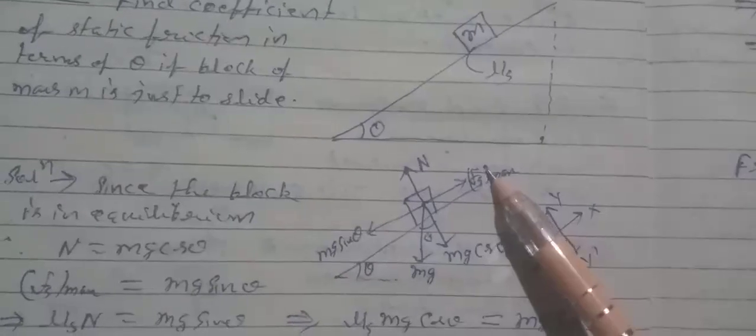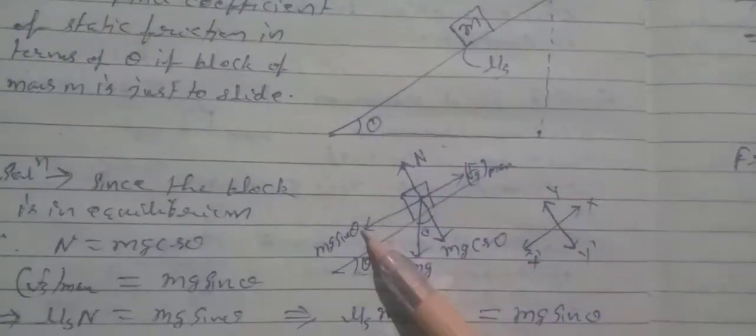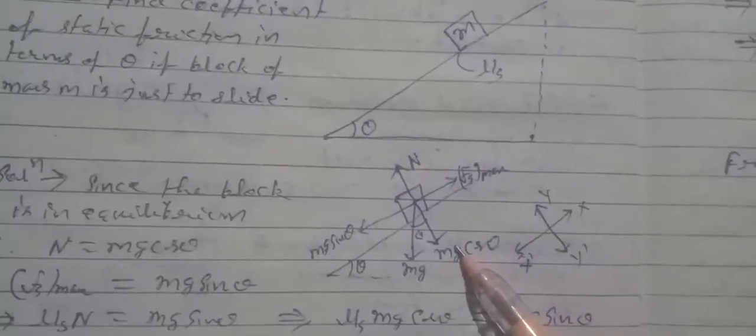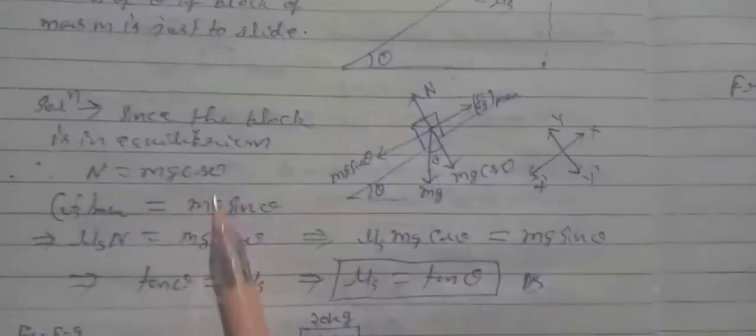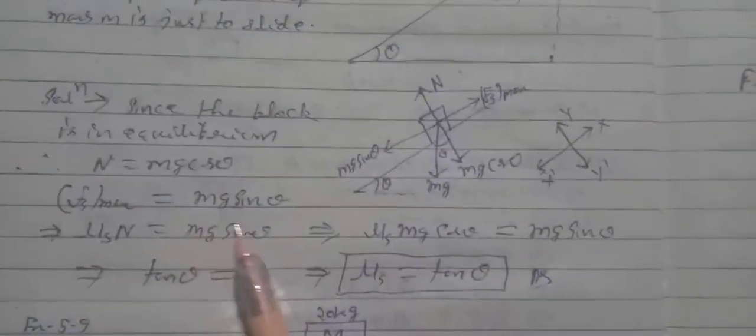Because in this direction the body is not moving, this force must be equal to this force. Similarly, in this direction the body is not moving, so this force must be equal to this force. So we get N equals mg cos theta and Fs max equals mg sin theta.